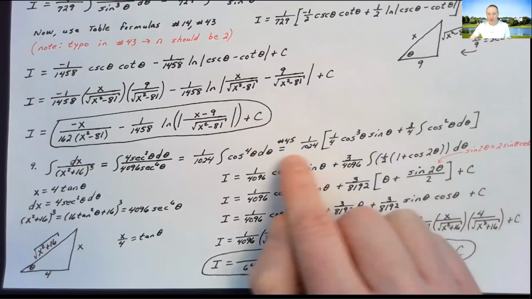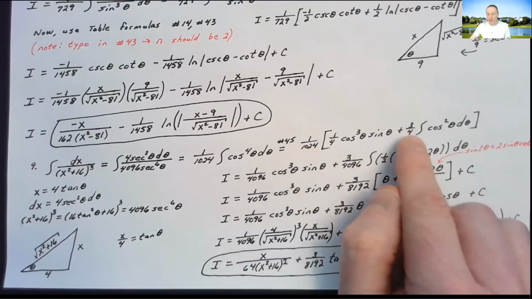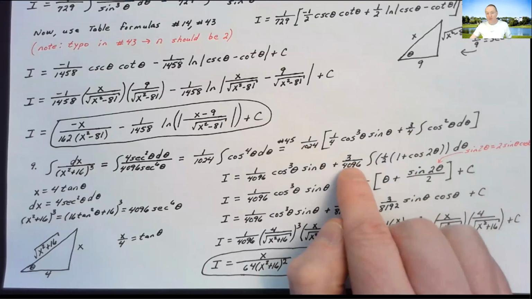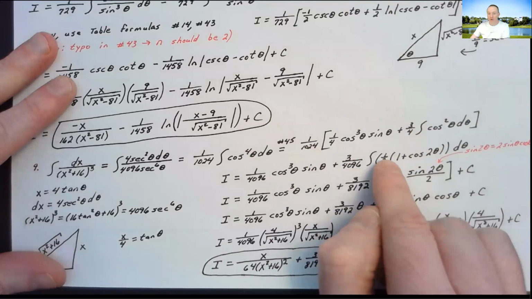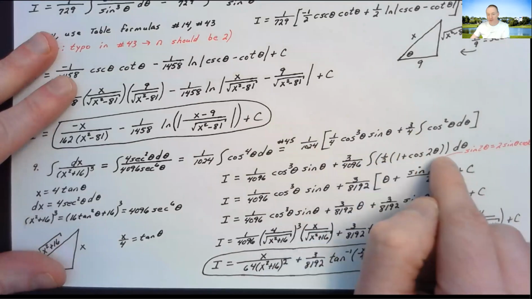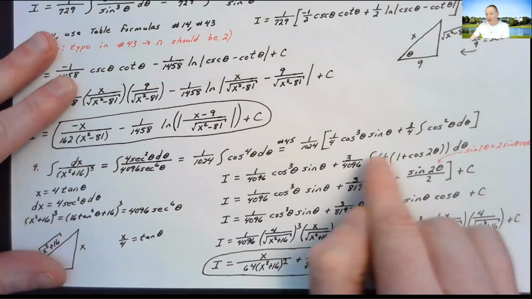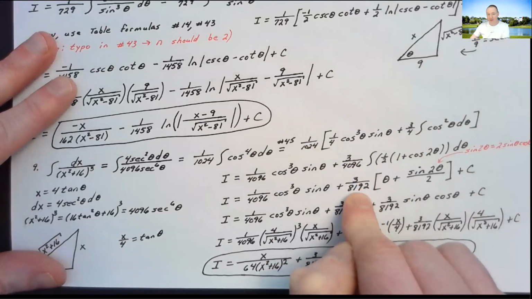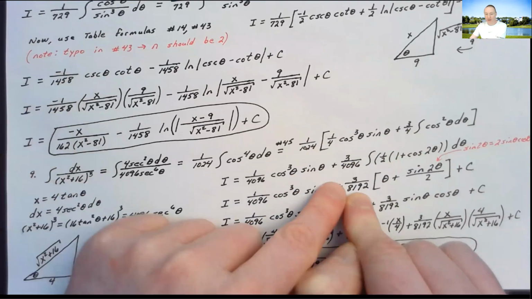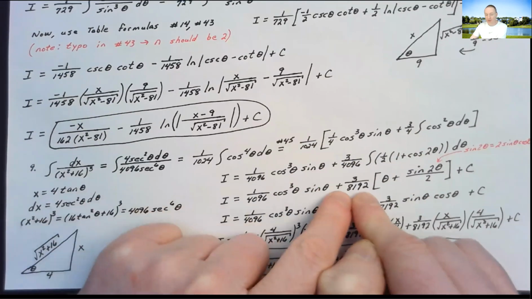I took that 1 over 1,024 times 3/4 to get 3 over 4,096, and then that's times the integral of 1/2 times the group 1 plus the cosine of 2 theta. I could have gone ahead and factored out the 1/2 in that step. I waited till the next step to do that. So that's where that 3 over 8192 came from.